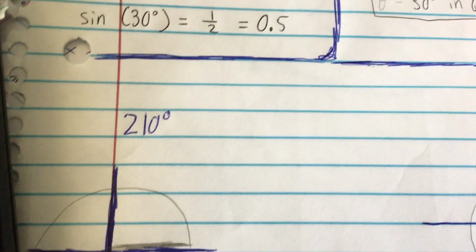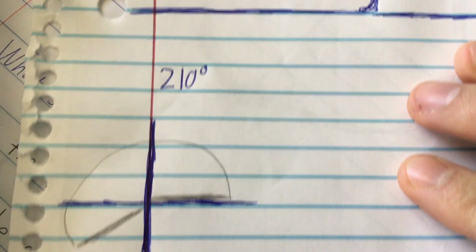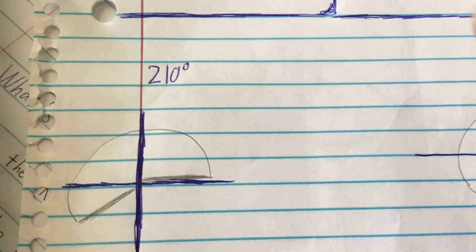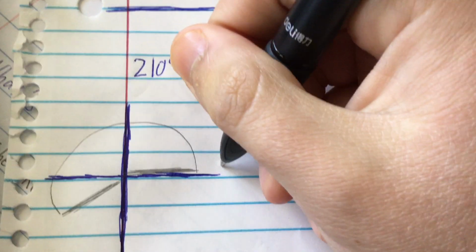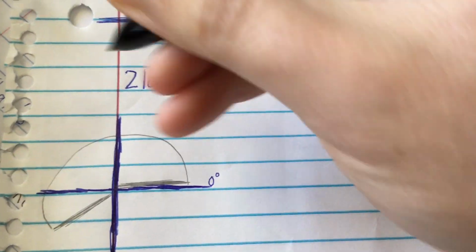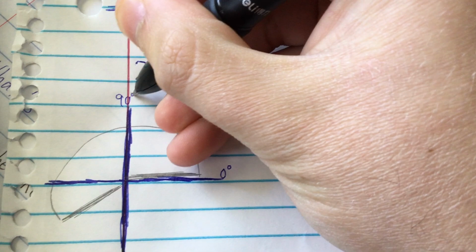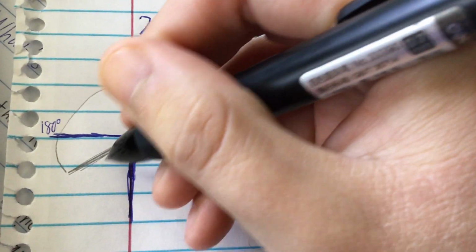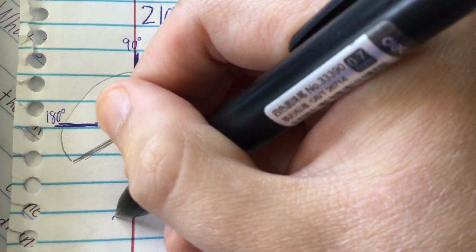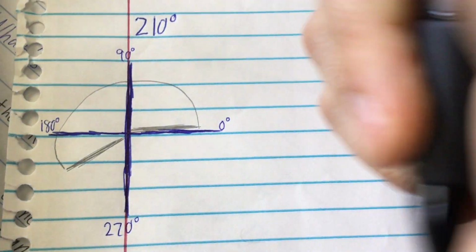Okay, same thing over here with 210 degrees. Remember that we start on the right side of the x-axis, so 0 degrees is here, 90 degrees is here, 180 degrees is here, and it's a little over 180, but not quite 270.